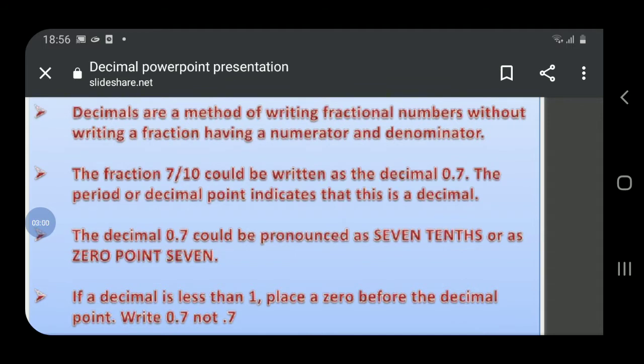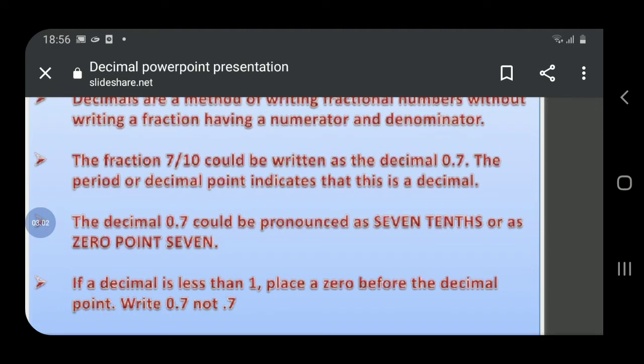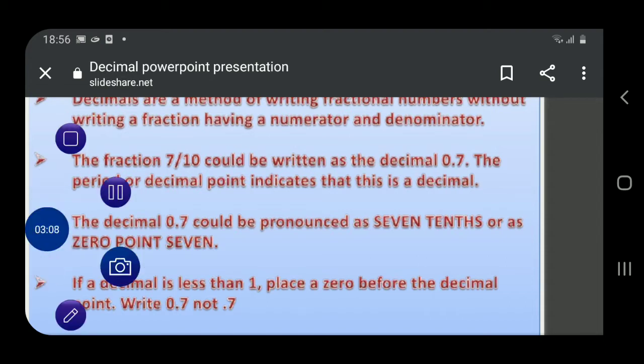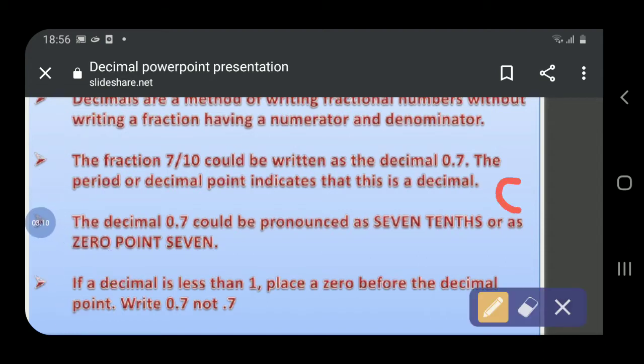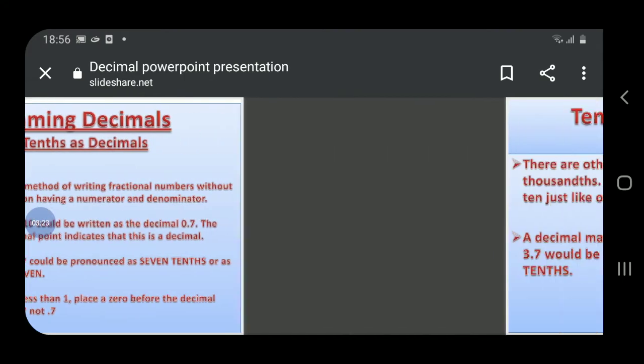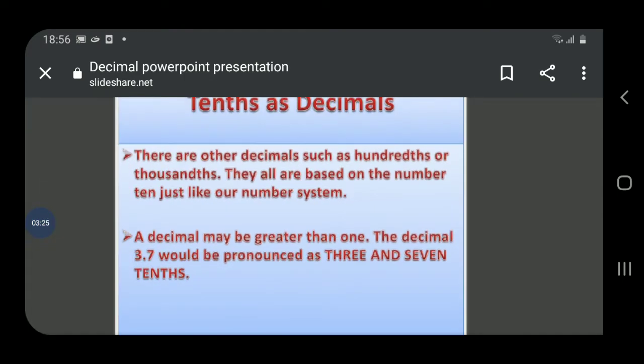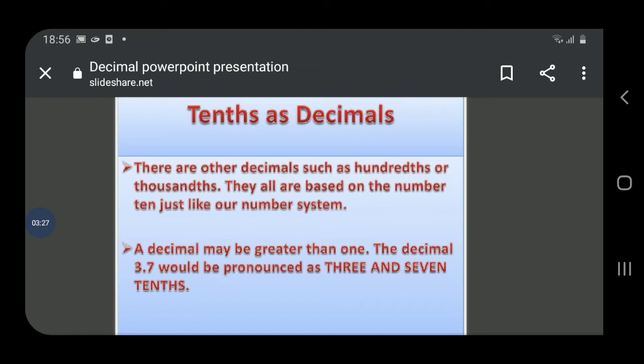Now, if a decimal is less than 1, place a 0 before the decimal point. Like we studied, 0.7 is less than 1, so we write 0 in front of the point. Now let's go to the next slide, that is tens as decimals.